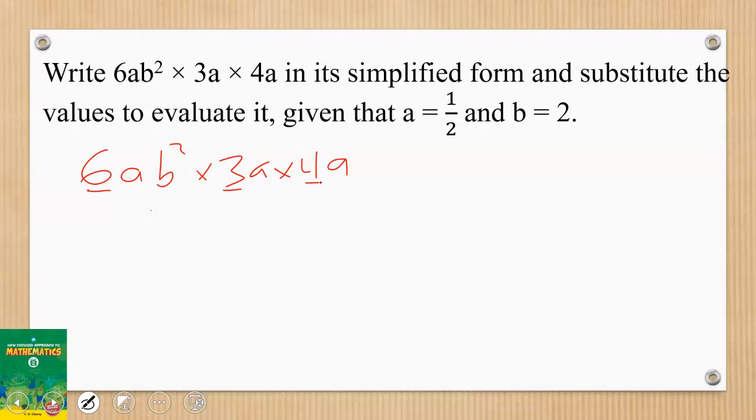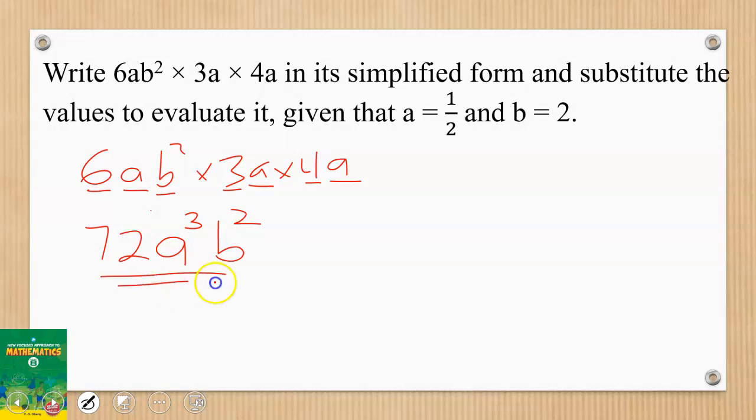We know 6 times 3 is 18, and 18 times 4 will give us 72. So 72 is here. Then we have a, and a will give us a cubed. We have only b squared here. Then we get that. So this is the simplification.